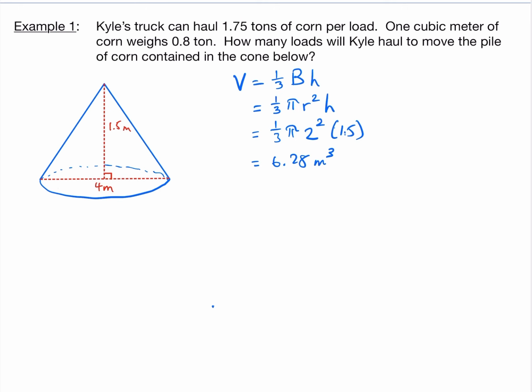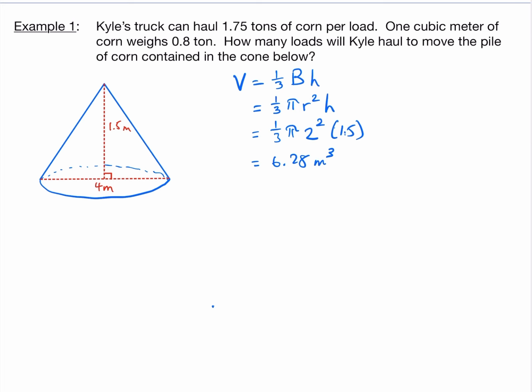Now we have to figure out, can Kyle haul this amount of corn in his truck, which can hold 1.75 tons? Okay, so we need to do a little conversion here, because we're told that 1 cubic meter weighs 0.8 tons.